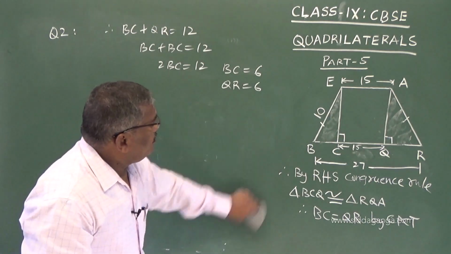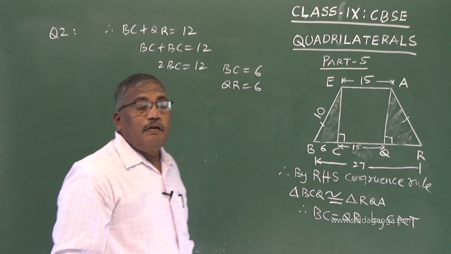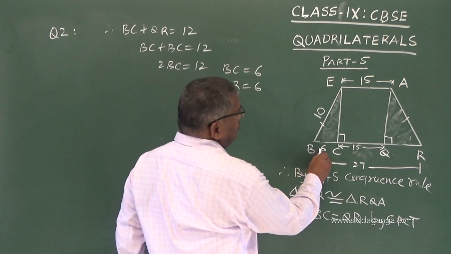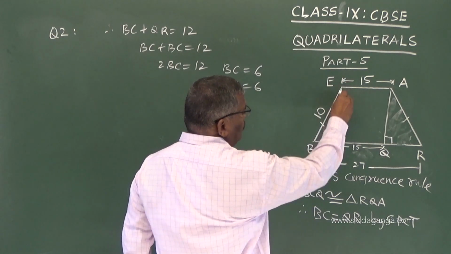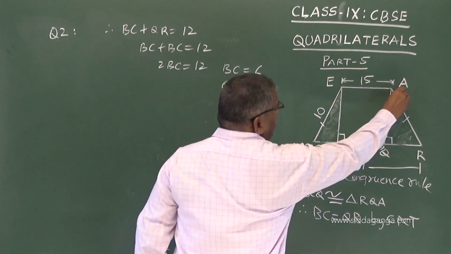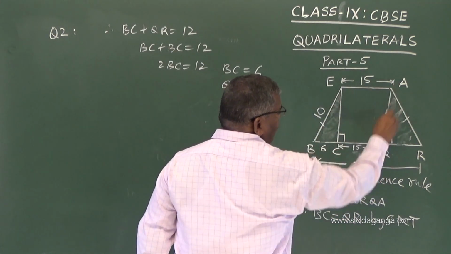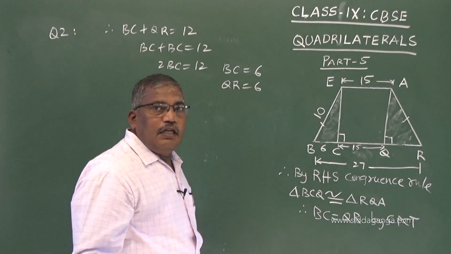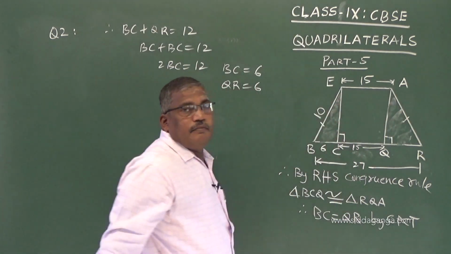So now this is 6. Now we observe here, this is 6, this is 10, and we are supposed to find out AQ. AQ we are asked to find out, and AQ is same as EC.